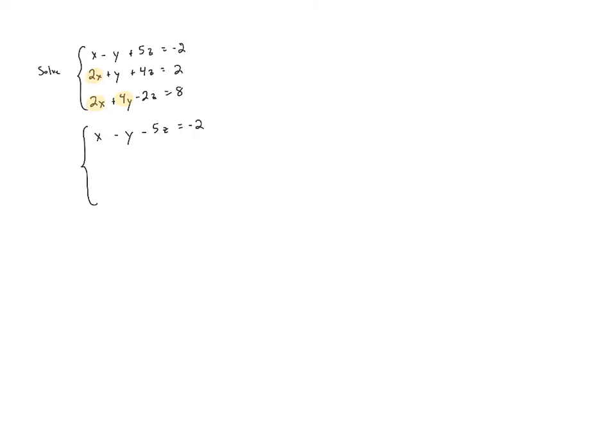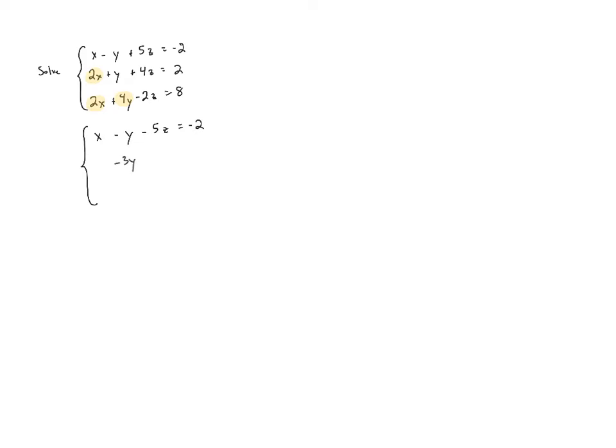The way that we can do this is we can take 2 times the first equation and then subtract the second equation from that. If we do that, 2 times x is 2x, and 2x minus 2x is nothing, so that goes away. Here, if we take 2 times this one, 2 times negative y is negative 2y, and then if we subtract y from that, that gives us negative 3y.